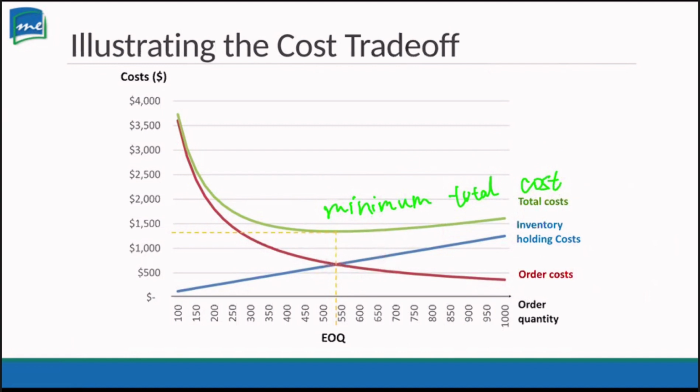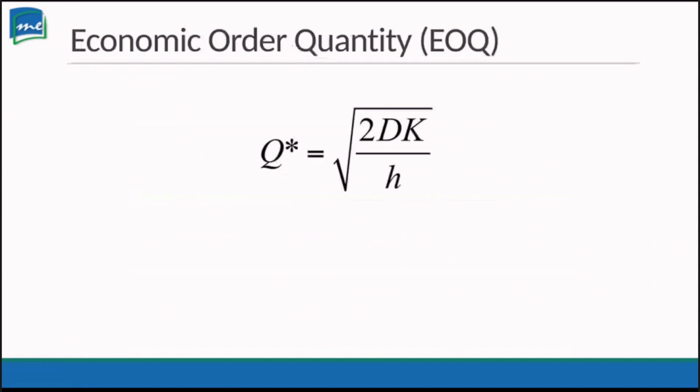The intersection means the numbers for the blue line equal the numbers for the red line, which means the total holding cost equals the total ordering cost. So this is what we have according to the figures.